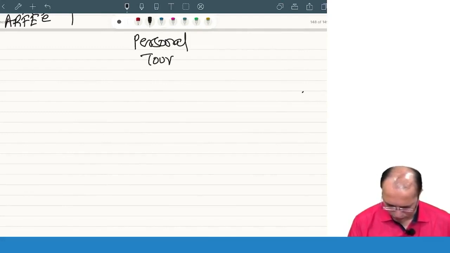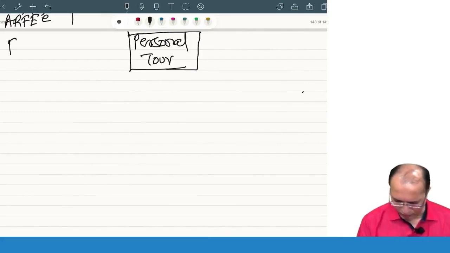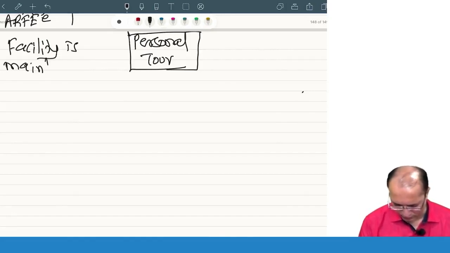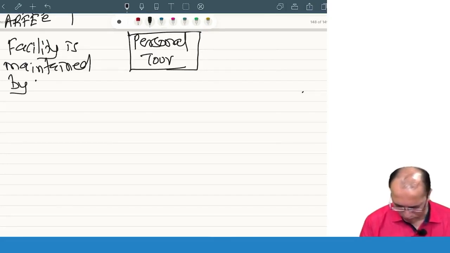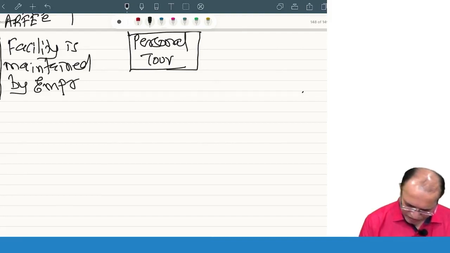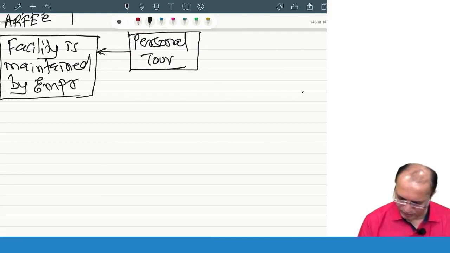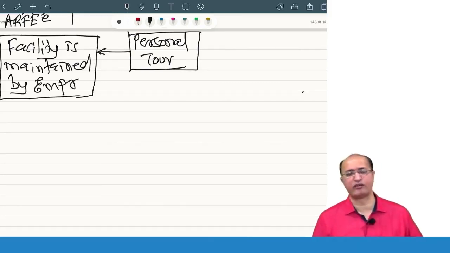Personal tour. Number one, facilities maintained by employer. What do you mean by facilities maintained by employer? For example, you are working with Reserve Bank of India, RBI.